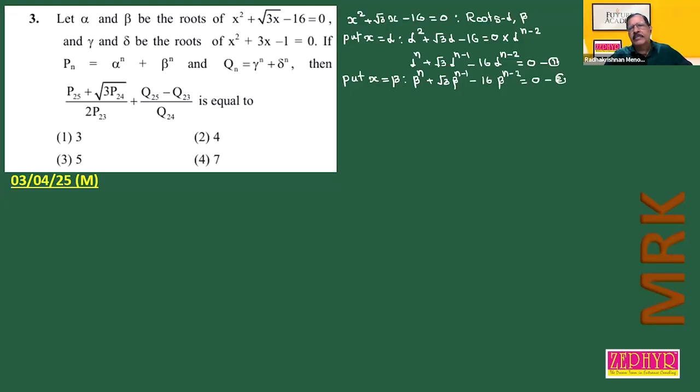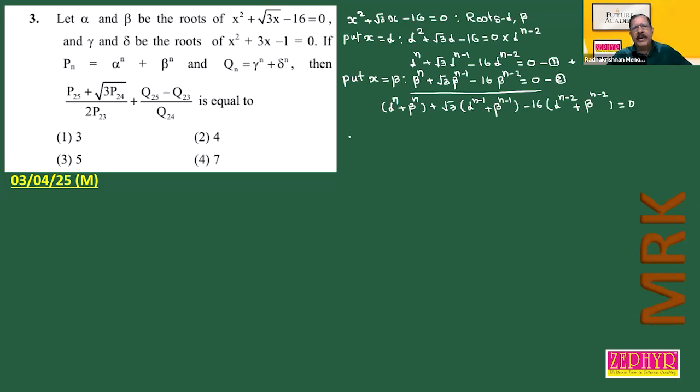Same way, you add this. When you are adding this, you will be getting alpha raised to n plus beta raised to n, that's the first term, plus root 3 into alpha raised to n minus 1 plus beta raised to n minus 1, minus 16 into alpha raised to n minus 2 plus beta raised to n minus 2 equal to 0.